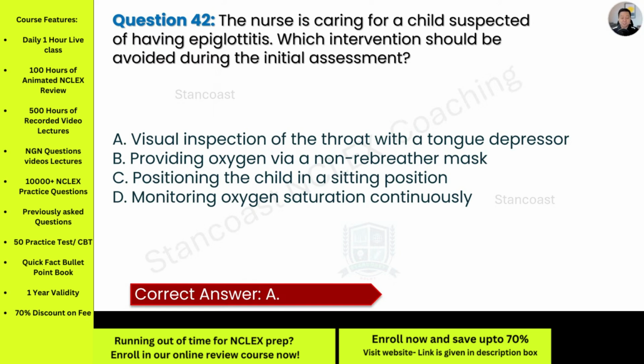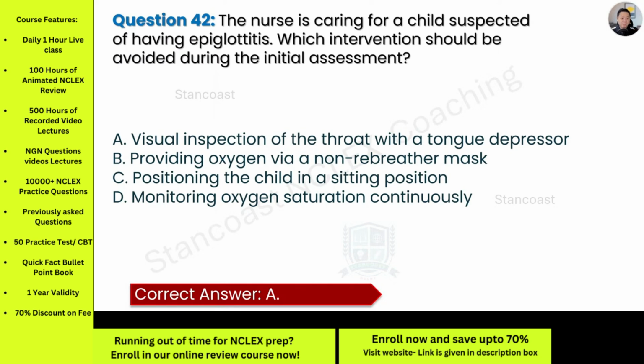It can cause complete airway obstruction, which will rapidly lead to a life-threatening emergency. And so what you need to do here instead is confirm the diagnosis through clinical signs and imaging like a lateral neck x-ray, which will show that thumbprint sign.